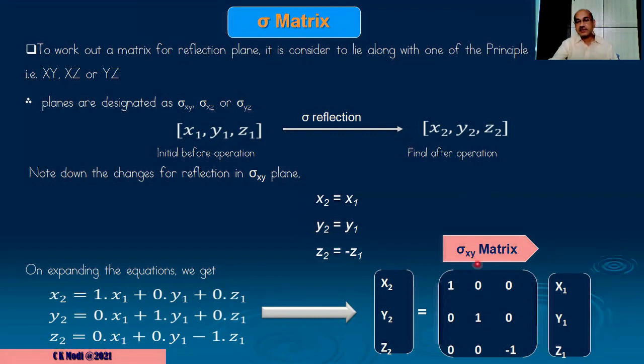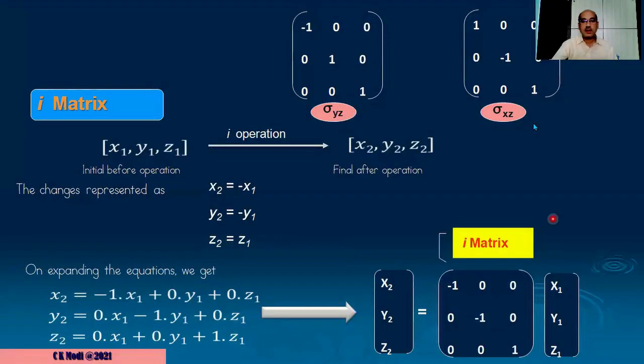In that case, the y and z coordinates are situated in the plane. However, x is perpendicular to the plane, so the x value is minus 1. So minus 1 0 0, 0 1 0, 0 0 1. So these are the matrices for sigma yz, and this is sigma xz.